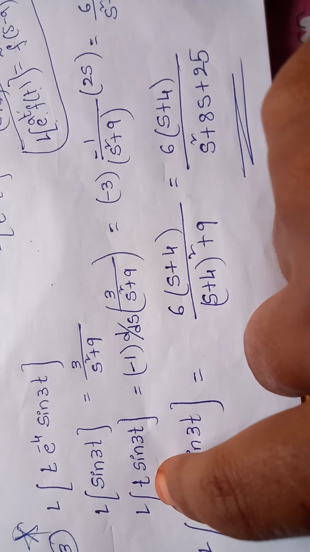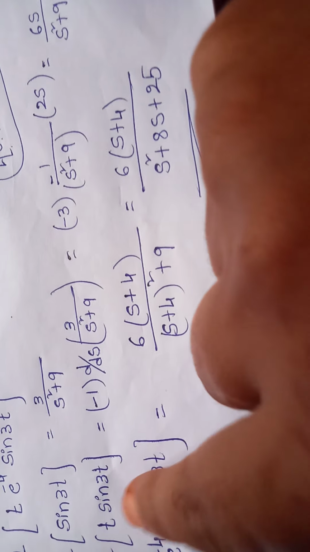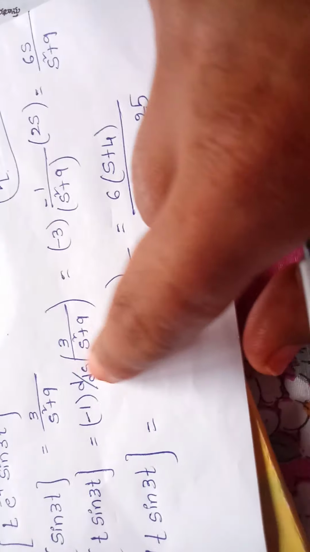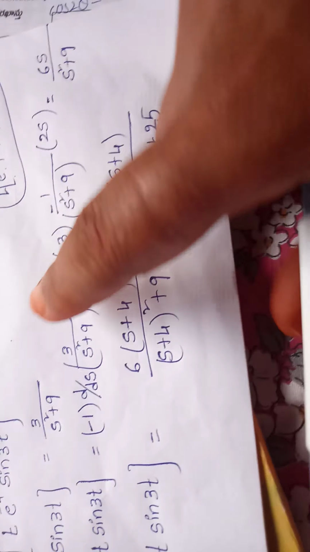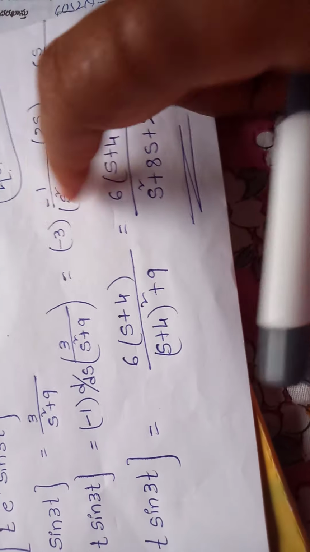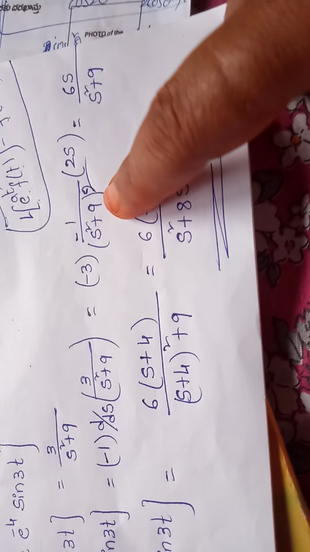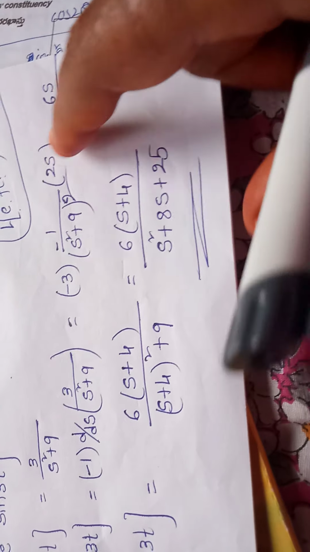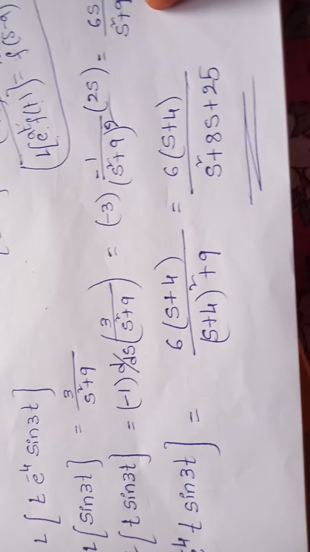Next, multiplication of t, differentiation. How many times is the power? That means 1. So you take 1 differentiation. d by ds of 3 by s square plus 9. Derivative of 1 by x is minus 1 by x square. Minus 1 by x square into that value, s square plus 9 derivative 2s. So 6s by s square plus 9 whole square.